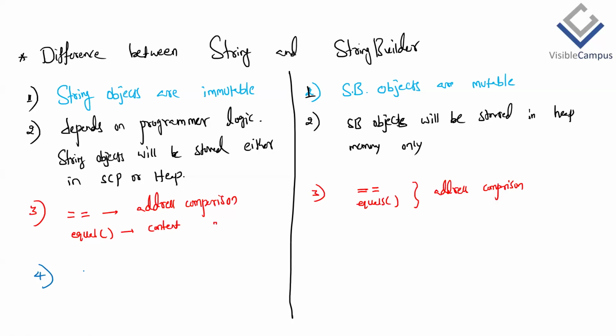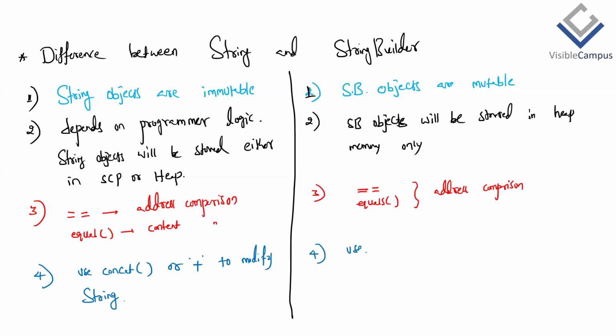Then, which method do we use? The concat method or the plus operator, both are the same only, to modify a string. We can modify but it is not recommended. But here, which method?